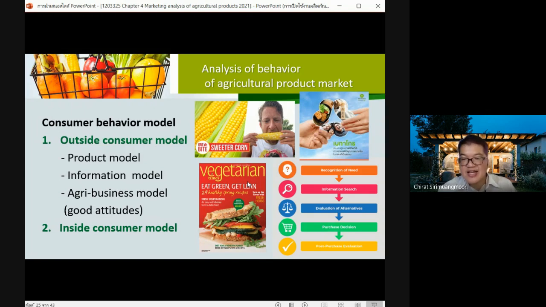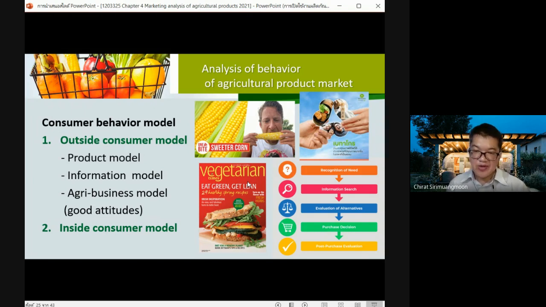In this case, they create a good attitude toward the products and the business, and the consumer initiates their purchase from the message they perceive. Think about some companies trying to let you know that they are good because they take care of the people in the countryside, in rural areas. Then you feel good, then you want to buy their products. So this is the agribusiness model.